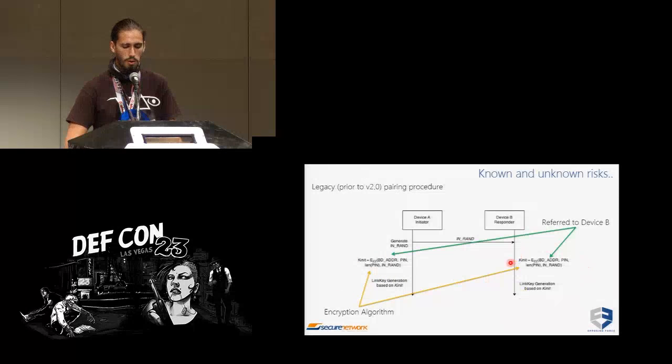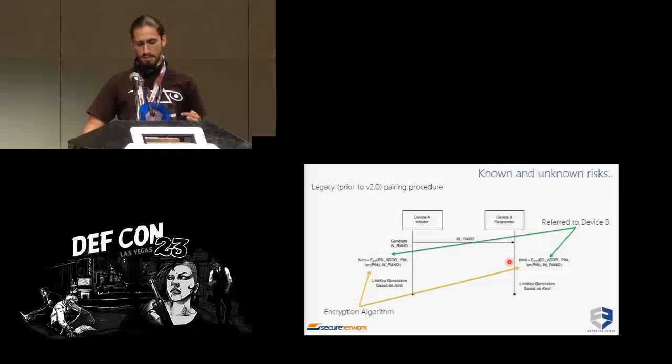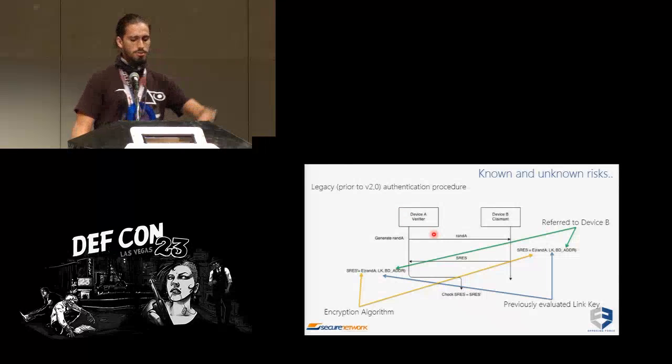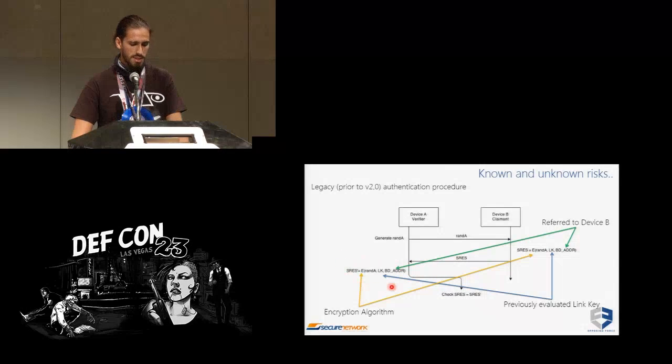created is the same. Actually, this check happens later, when there is the authentication procedure. And at that time, it works in this way. The verifier just sends a random number to the claimant and says, this is my random number. The claimant computes a hash, as called here, by another algorithm and transmits it back to device A, which applies the same exact algorithm and checks if the two are equal.